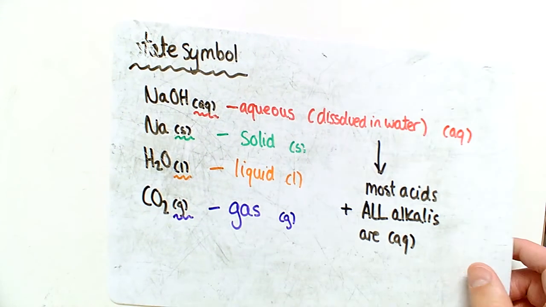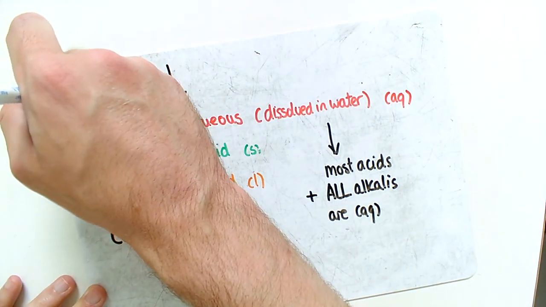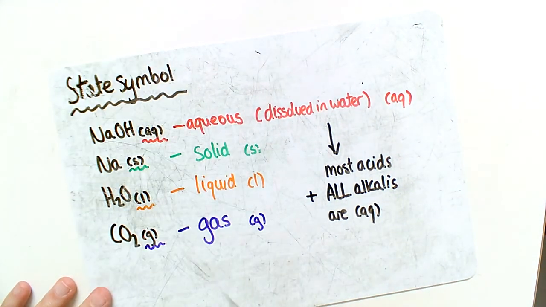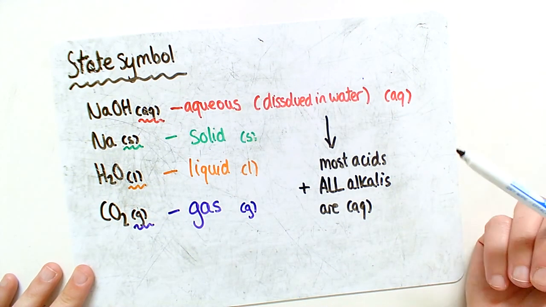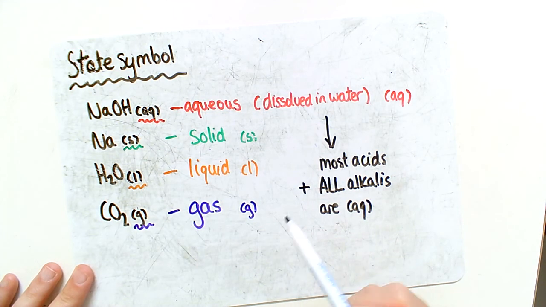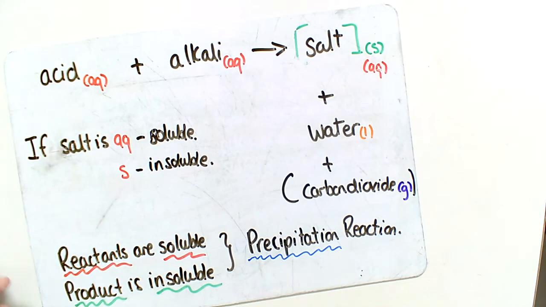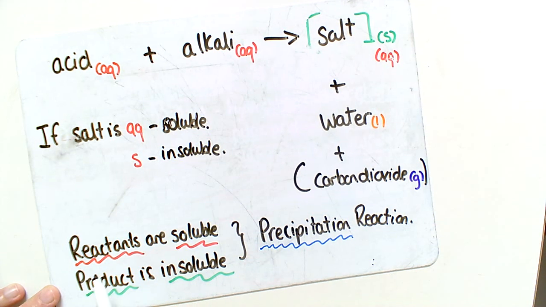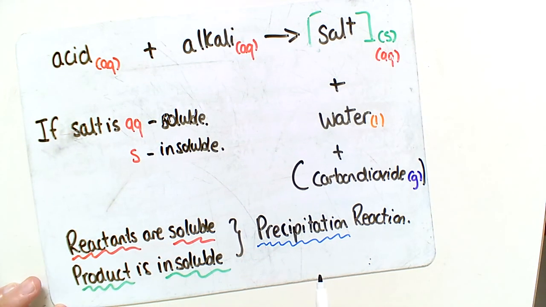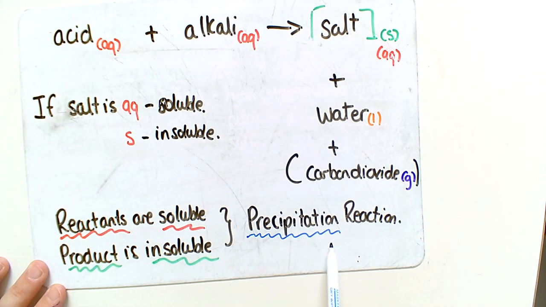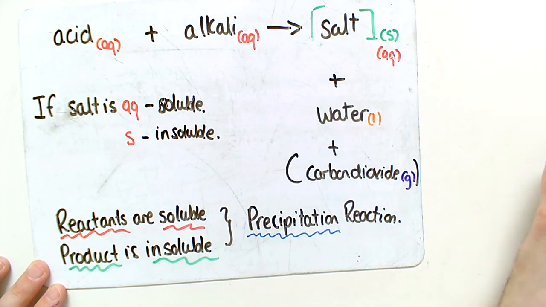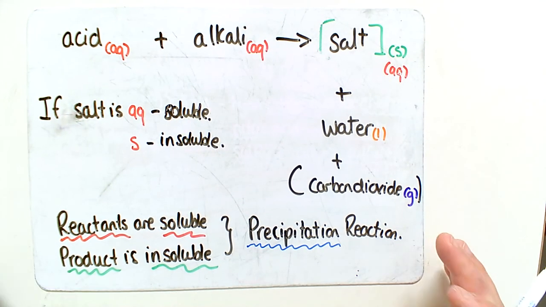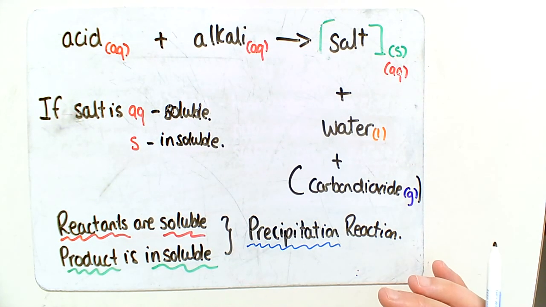Or if we are in a situation where we've got an equation written and we see state symbols, AQ for dissolved in water, S for solid, L for liquid, G for gas, then we can follow the rule that if the reactants are soluble and the product is insoluble, we've got a precipitation reaction. So that's our key word, but being able to work out if something is soluble or insoluble, either from the state symbol or the data booklet, is an important skill for this acids and alkalis topic.